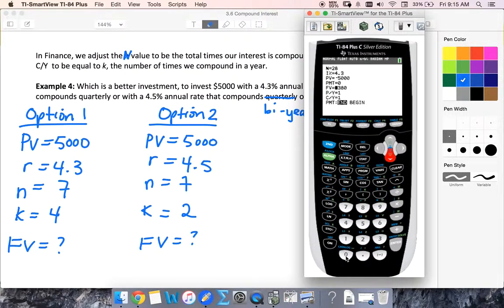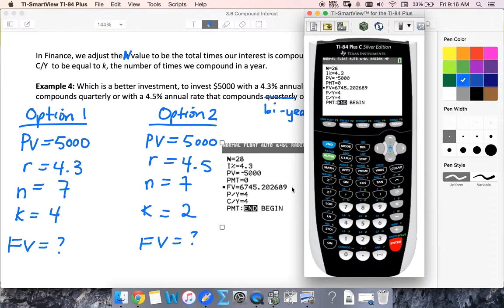I don't know what my future value is, but I am making 4 compounds a year. So notice when I type in the 4 here, it immediately changes the 4 below, which is perfect. So now I'm going to come back up to my future value, and I'm going to solve for that one. And we get 6,745.